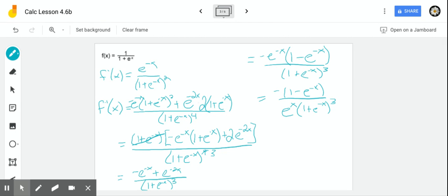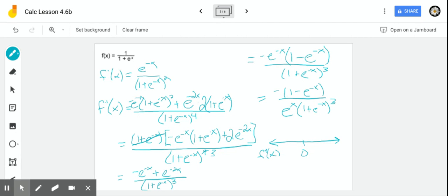We want to set this equal to 0 and see if we have any potential inflection points. When we do that, the only one we're going to get is 0. I don't have enough room to show you all that algebra, but 0. So then we're going to plug into the second derivative and see what's happening as far as concavity.